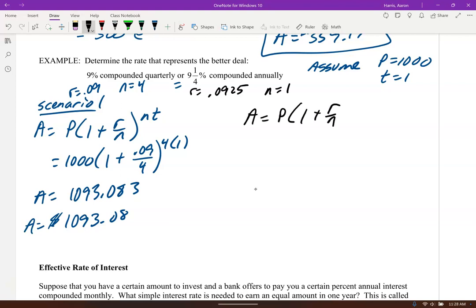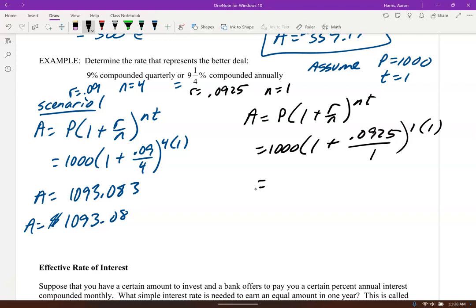Scenario 2, 9.25%. Still putting $1,000 in. 0.0925 divided by compounded once per year. It only compounds once per year, so the interest is kicking out once per year. We're doing it for 1 year, T time.